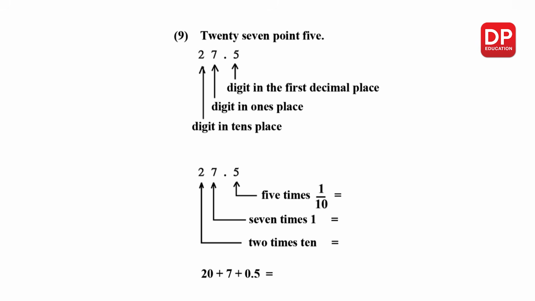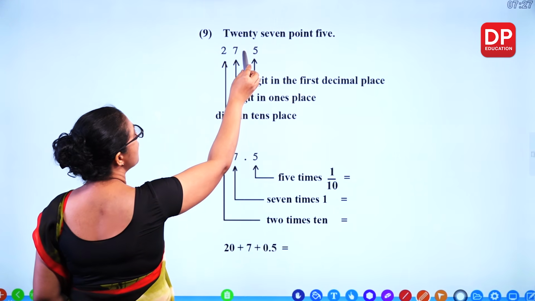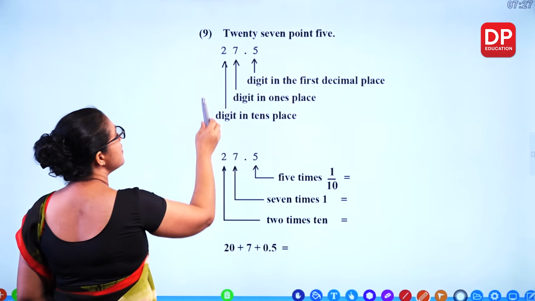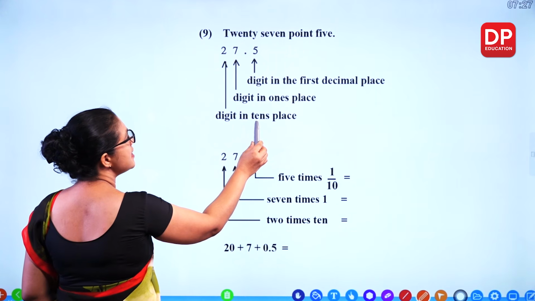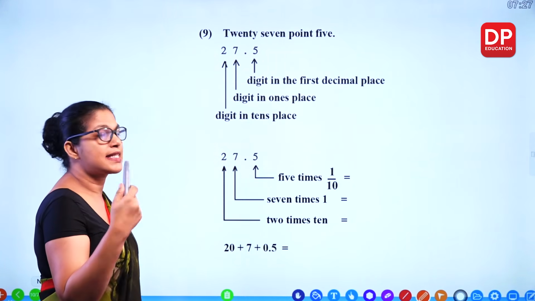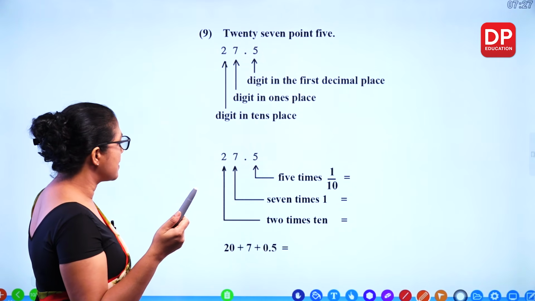Now look at this one, 27.5. So this is the first decimal place after the decimal point. This is the ones place and this is the tens place. T-E-N-S, tens. The other side we call tenths, T-E-N-T-H-S, tenths place.